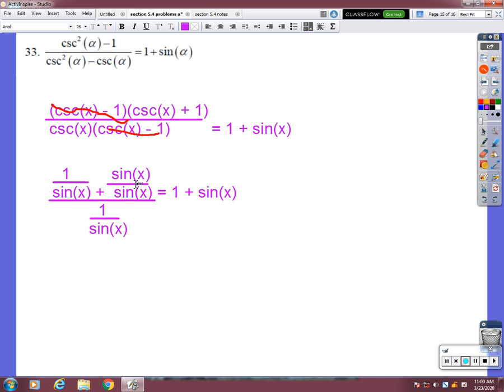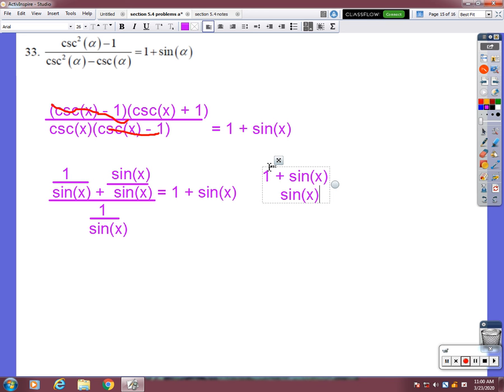Okay, so on top here, since I have a common denominator, I can write that as 1 plus sine of x over sine of x. And then that is, let's see, still divided by 1 over sine of x.